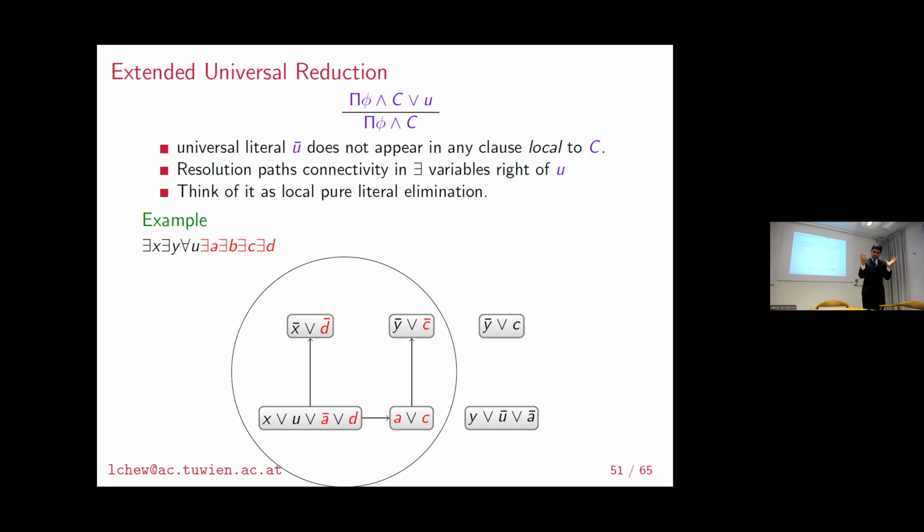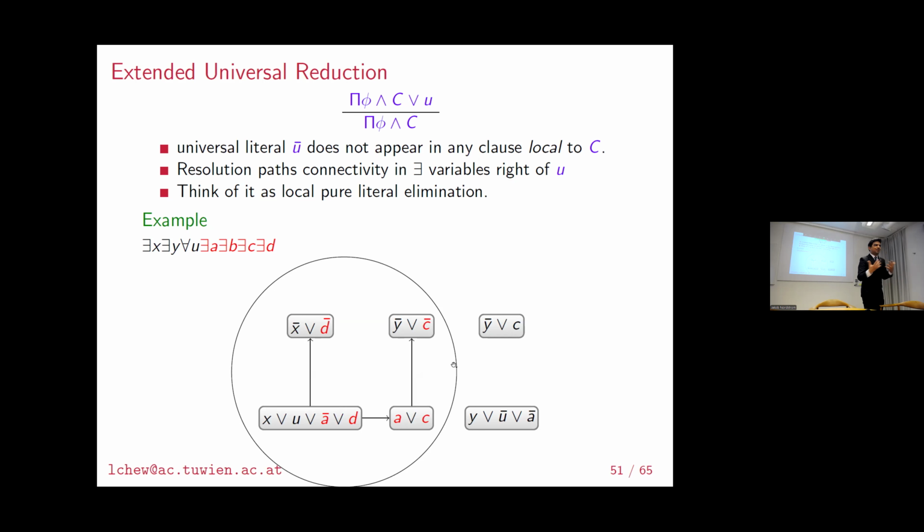And the disconnect between the resolution paths means that if your Q-resolution refutation contains this clause, it's only going to contain connected clauses from this local section here, because the resolution path is just telling us that these clauses can be connected in a resolution. Okay. So it's using the completeness of Q-resolution.